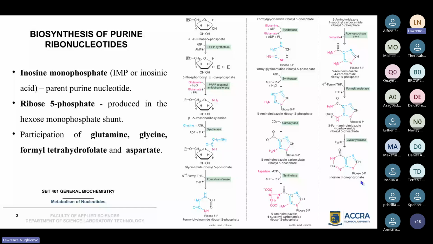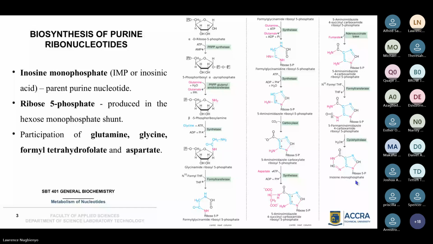It is from this molecule that you have the synthesis of adenosine monophosphate, guanosine monophosphate, and then further phosphorylation of them will give you the diphosphates and the triphosphates. So the parent molecule for the formation of purine nucleotides is inosine monophosphate.